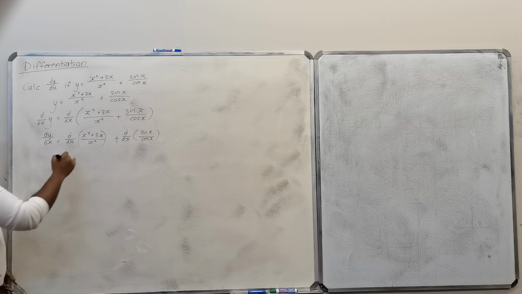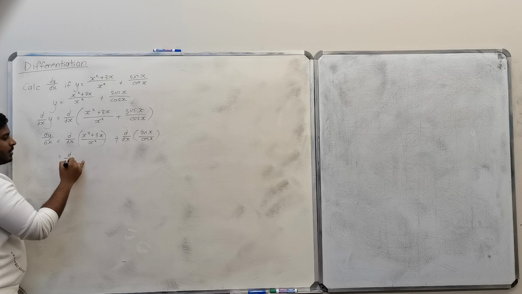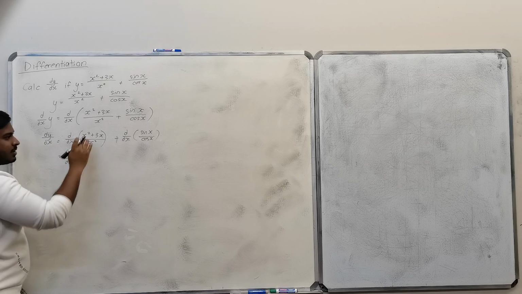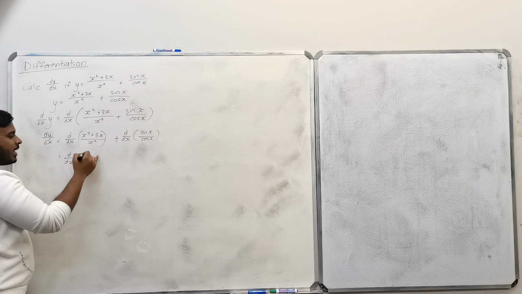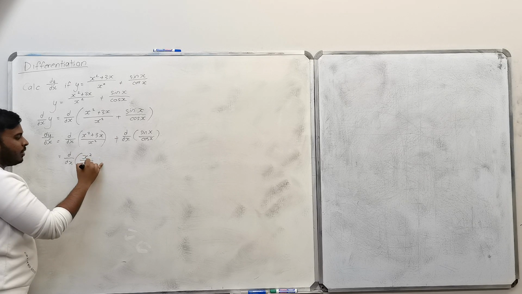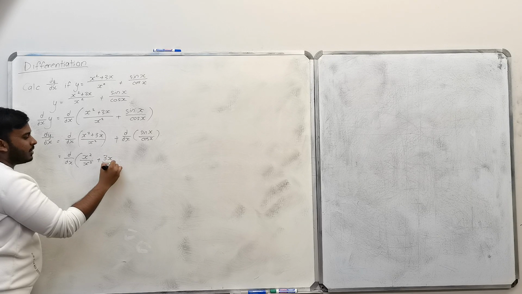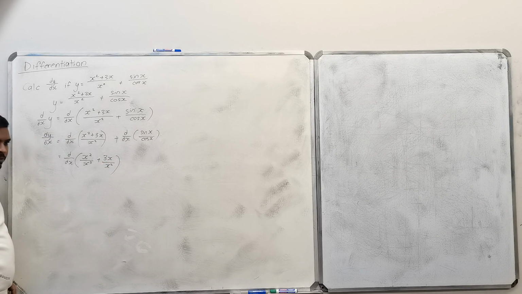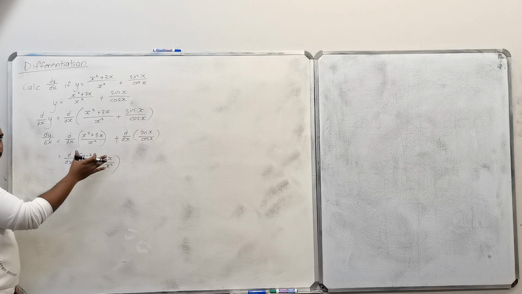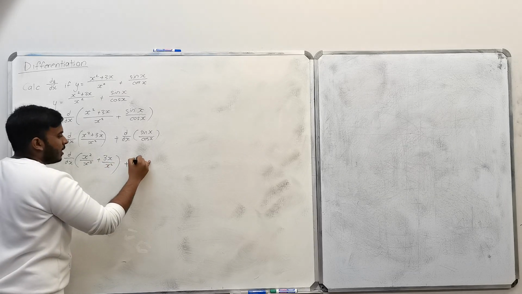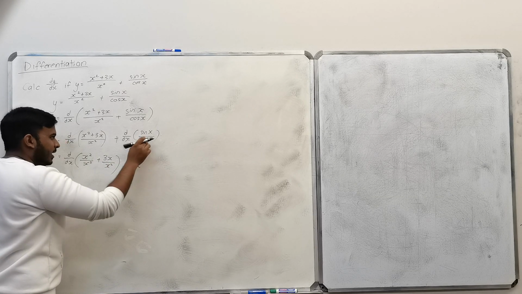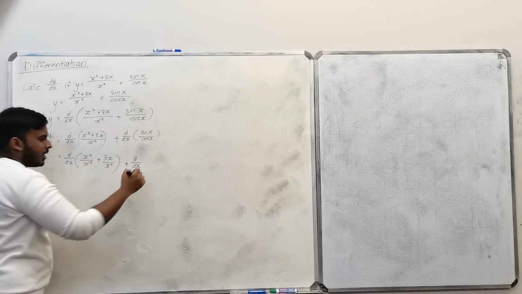Can I not write it as x squared over x squared plus 3x over x squared? I just broke it up. Plus d over dx of sine over cos, which is tan.